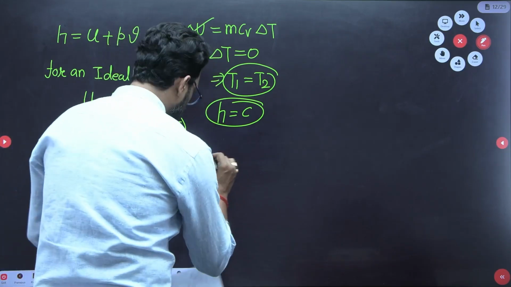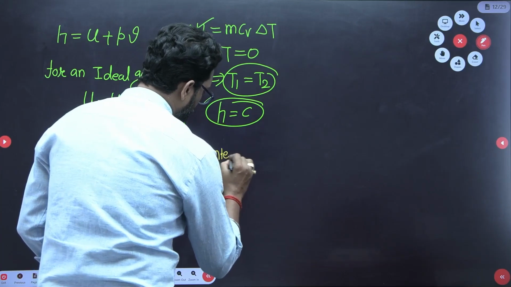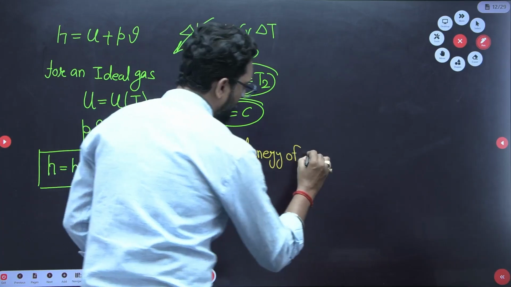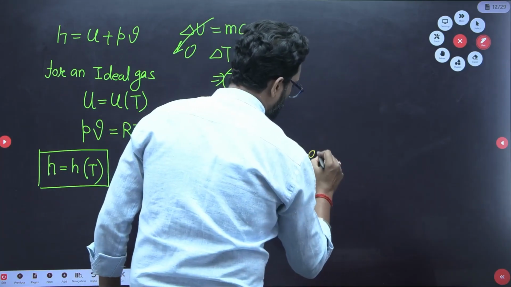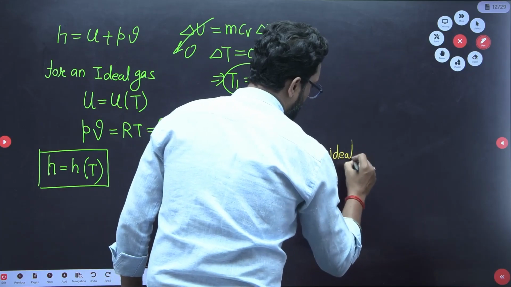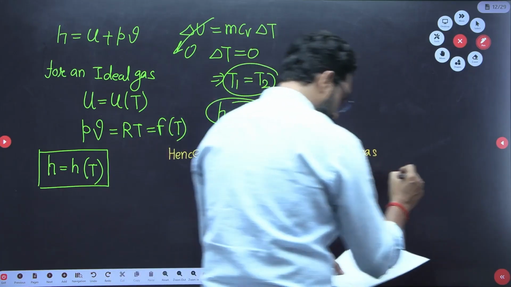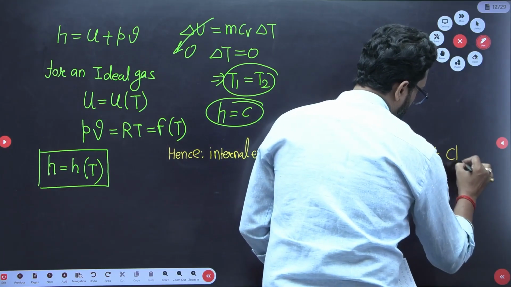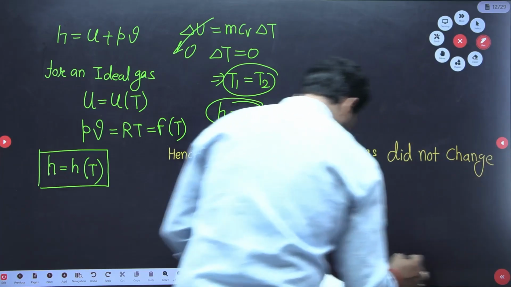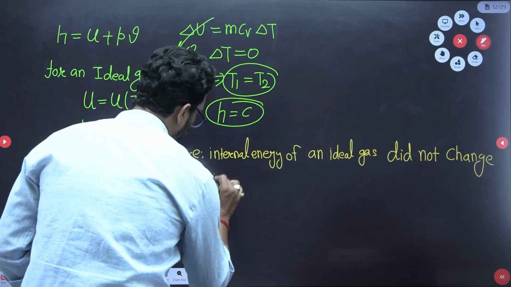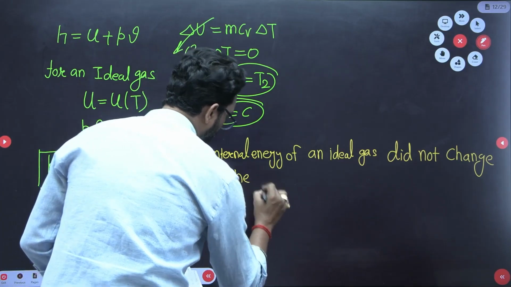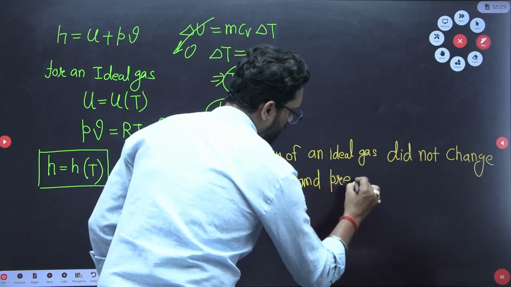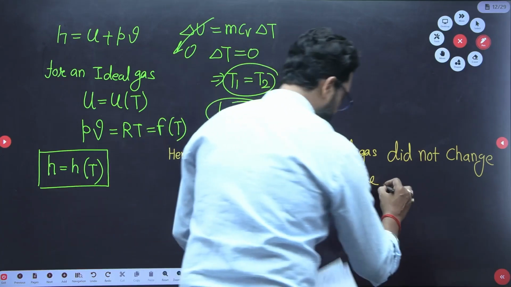Hence, the internal energy of an ideal gas did not change even though the volume and pressure changed.